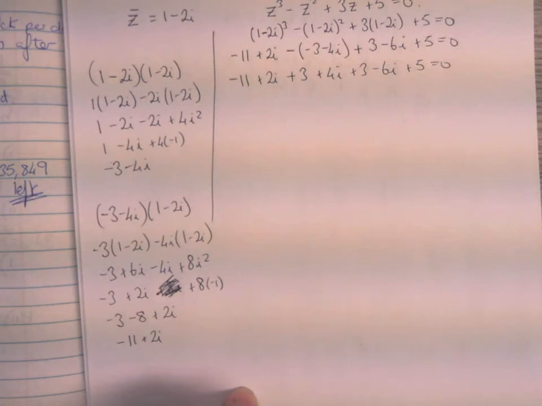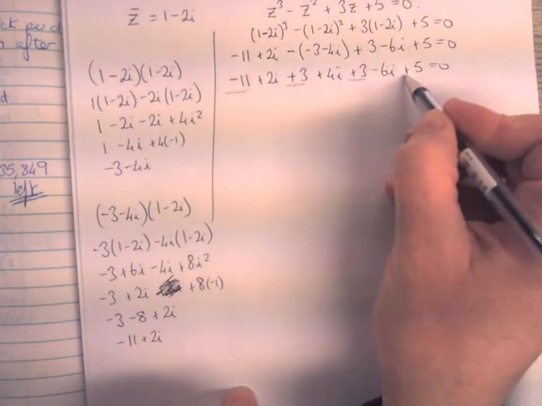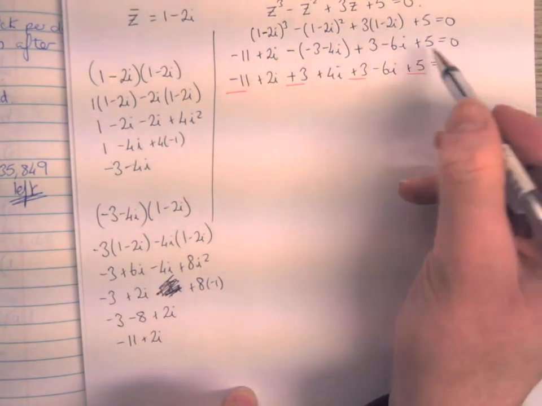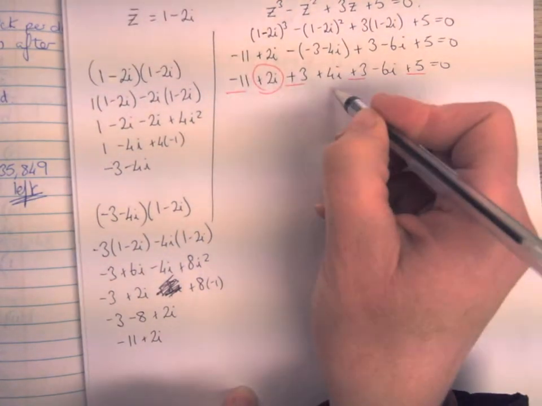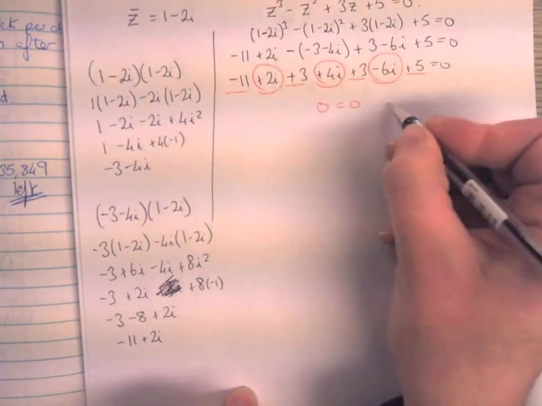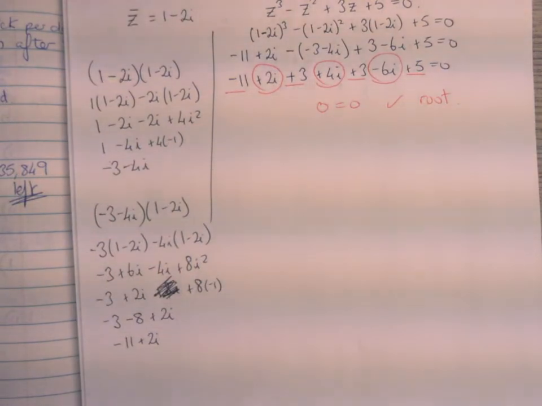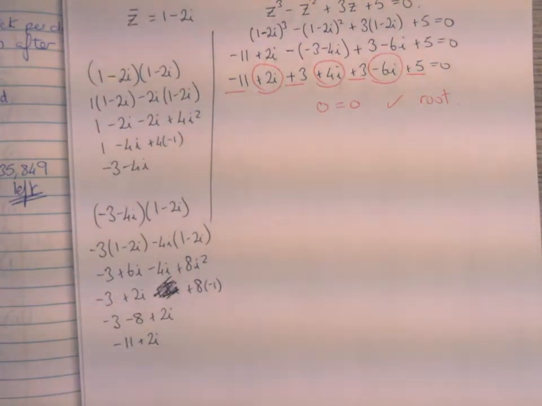Let's put the real bits together: minus 11 plus 3 plus 3 plus 5, that's minus 11 plus 11, which is gone. And plus 2 plus 4, which is 6, take away 6. So I have 0 equals 0, therefore it's a root. It's a little bit of multiplying out.